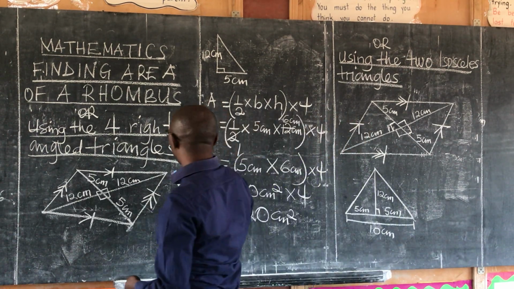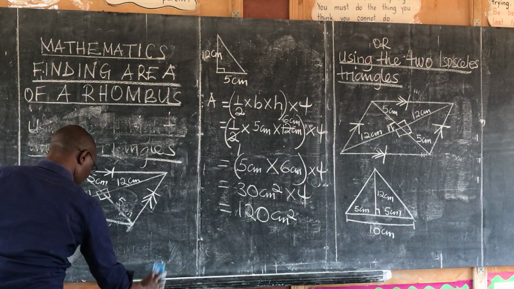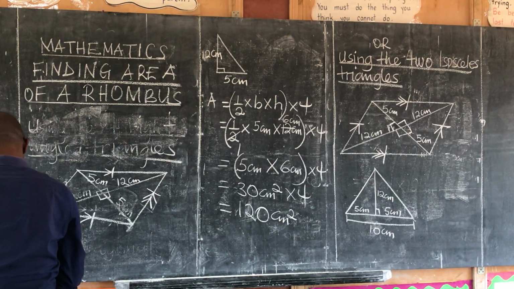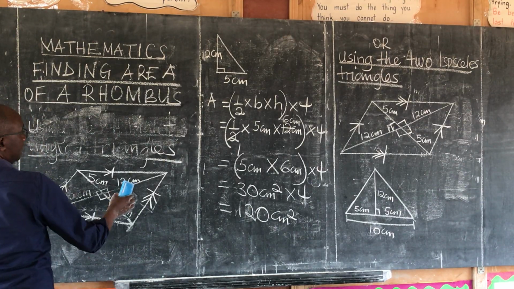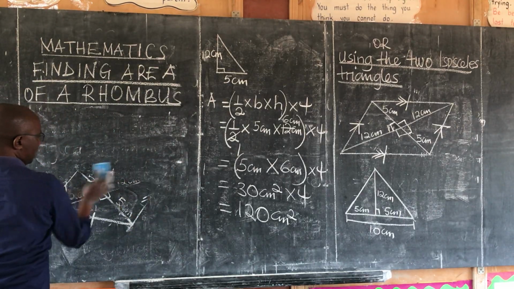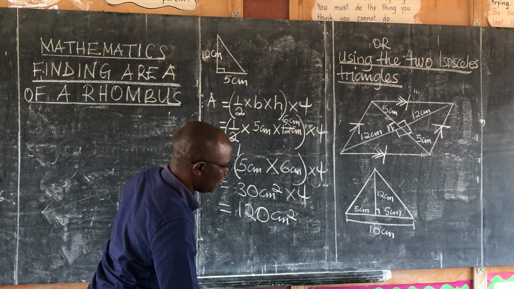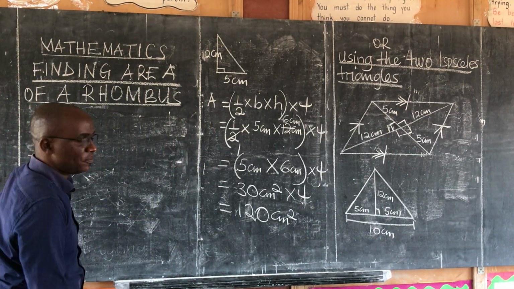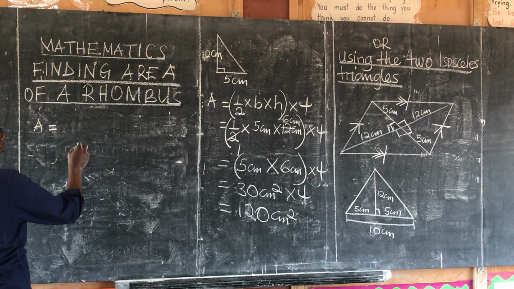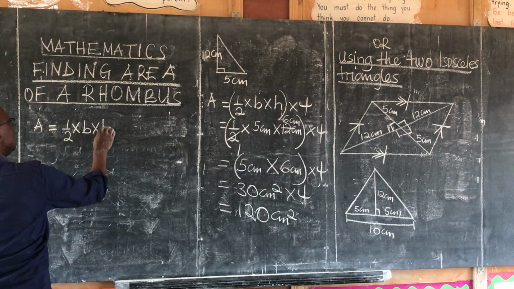So I'm continuing from this side. Since that is a triangle, area of a triangle is equal to a half times the base times the height.